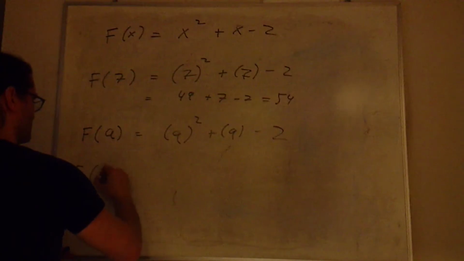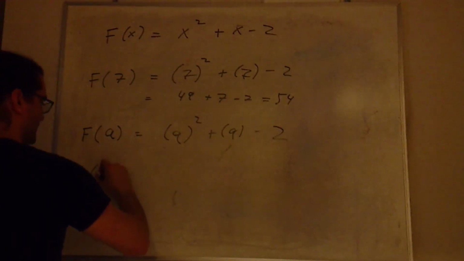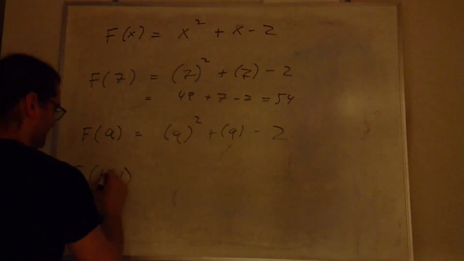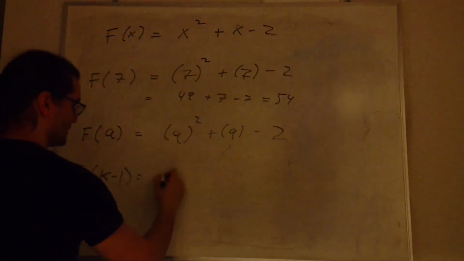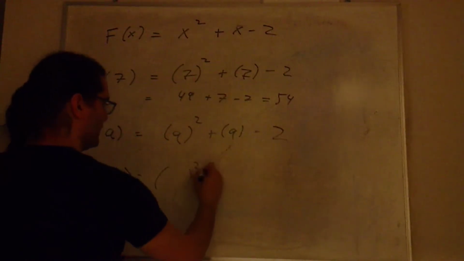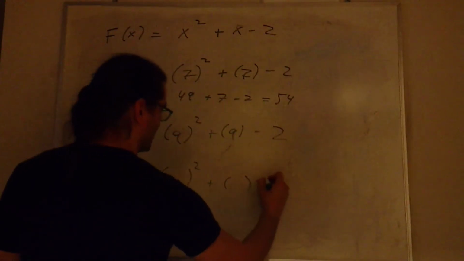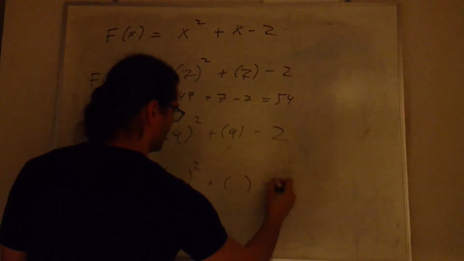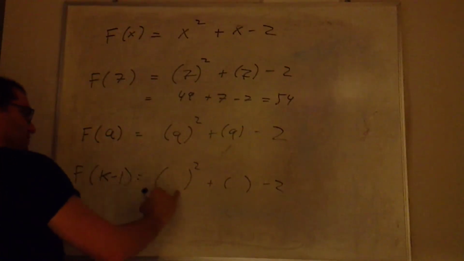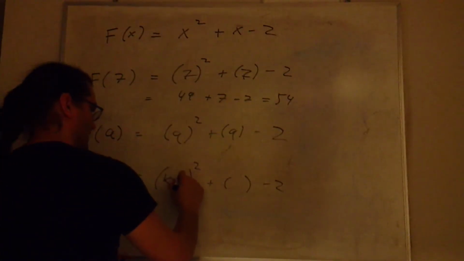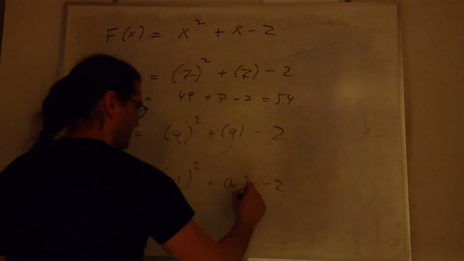If you're doing this to something weird like k minus 1, it still works exactly the same. f is going to square something, add the thing and subtract 2. Except here we're going to put k minus 1, k minus 1.